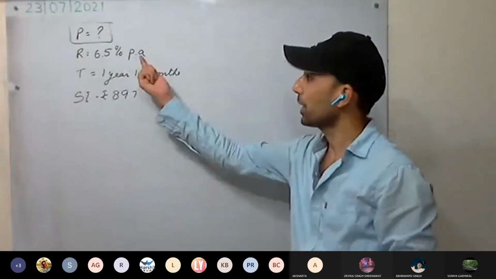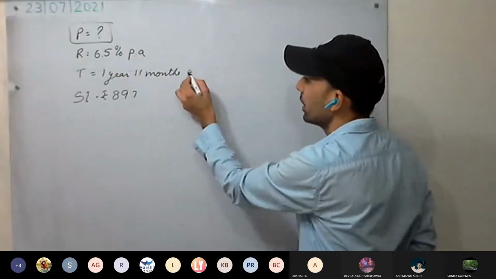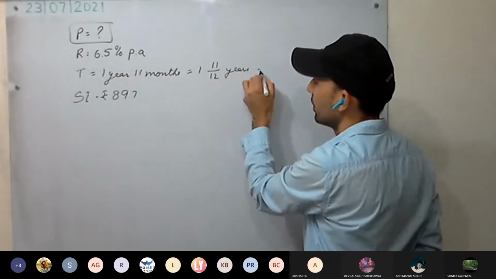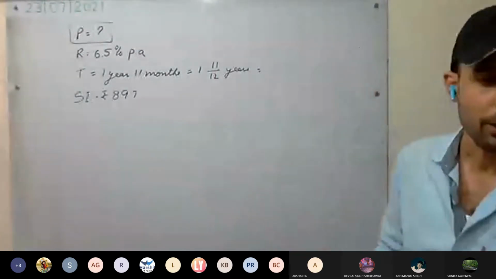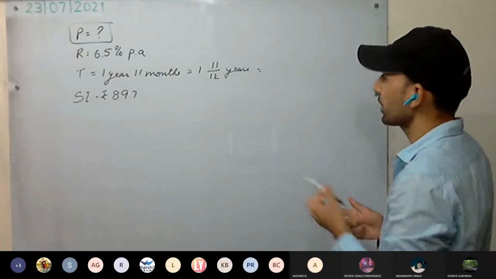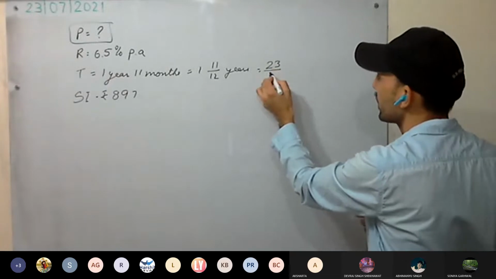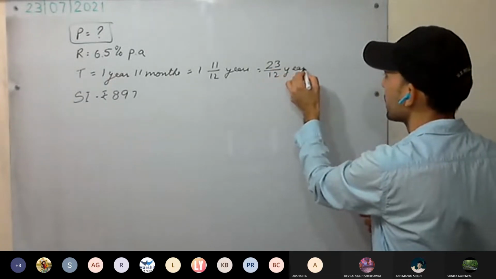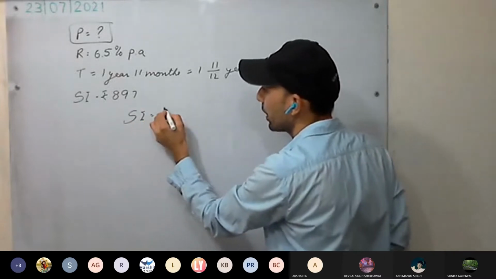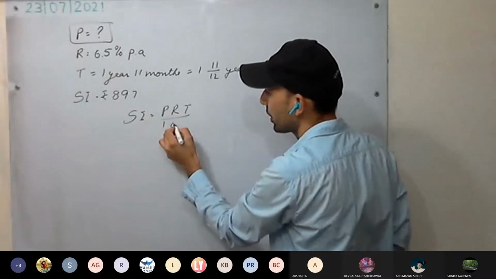It is per annum, it means time should be in years. 1 year 11 months is 11 by 12 years. So 12 plus 11, 23 upon 12 years. And simple interest is PRT upon 100.